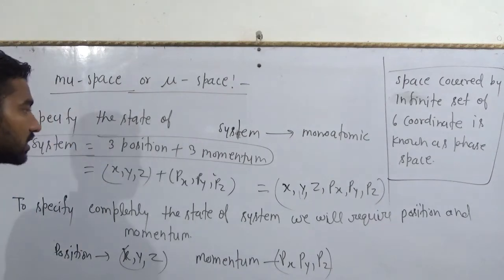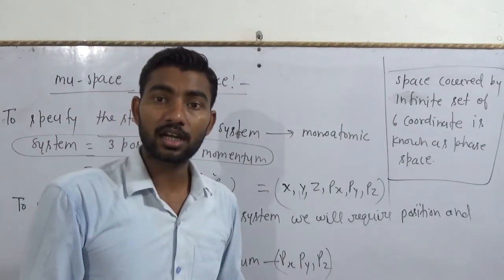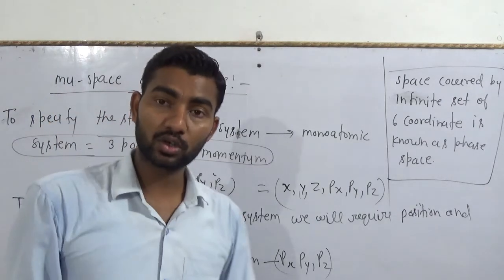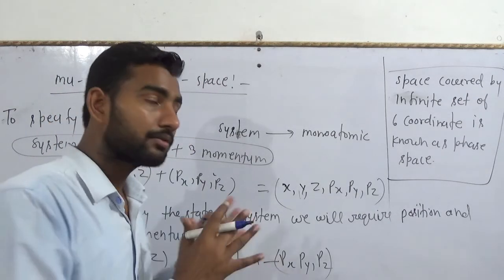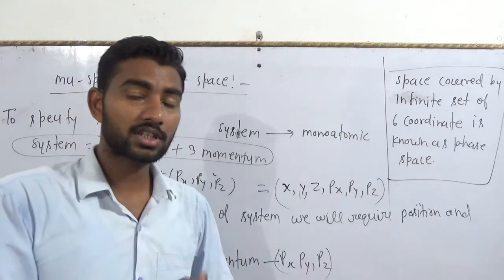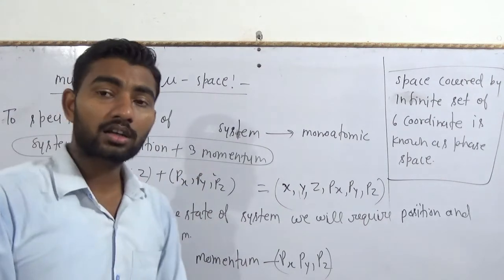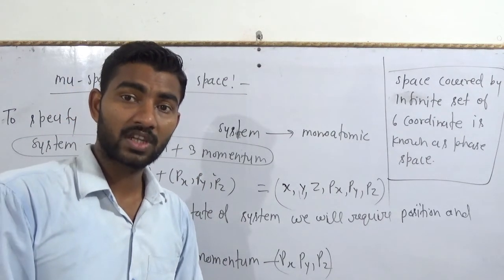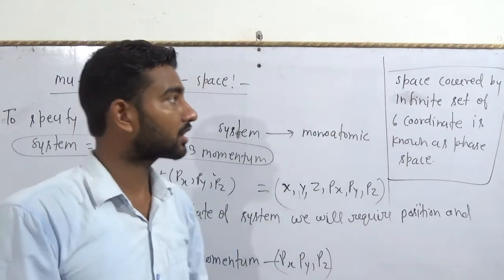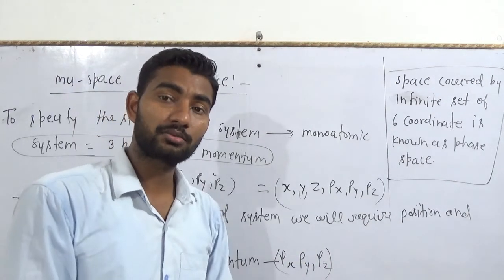But here we want to repeat: we have assumed a system, and this system contains one molecule and it is monoatomic, and we have found the infinite set of 6 coordinates for this system, and this infinite set of 6 coordinates covers some space, and this space is known as phase space.